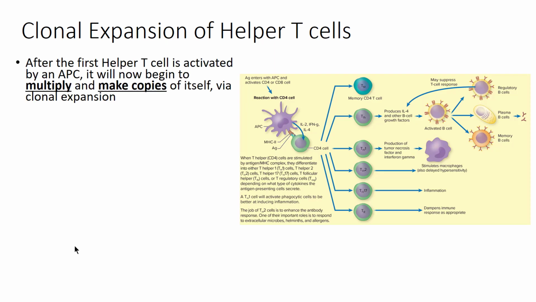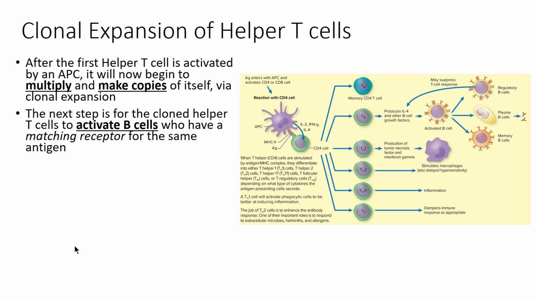Once that particular version of the T cell is activated through selection, clonal expansion of the helper T cell now takes place. So now you'll have lots and lots of copies of just that one helper T cell. Those helper T cells now have to go on and find a B cell with an identical matching receptor, or one that's close enough.